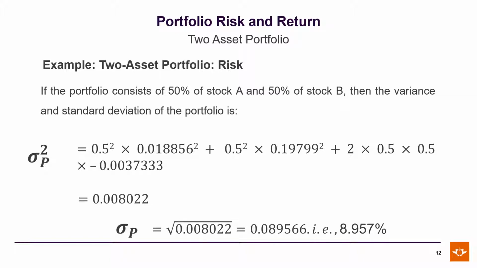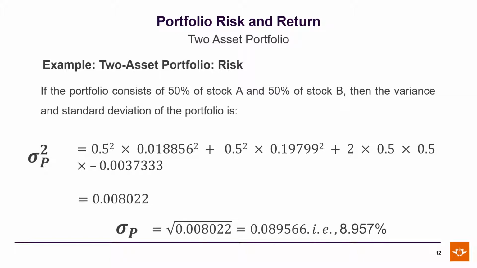What's really interesting about this is if we had constructed our portfolio entirely using stock A, we would only have a standard deviation of 1.9%. If we had constructed our portfolio exclusively using stock B, then we would have ended up with a standard deviation of just under 20%. Quite significant in the difference there.